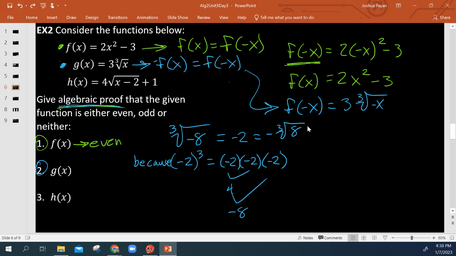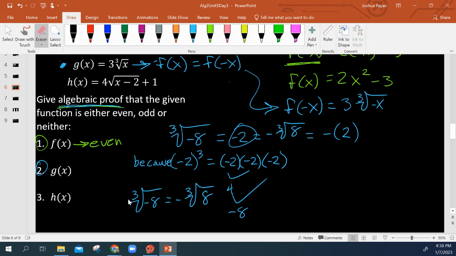Yes? So we know that the cube root of positive 8, well, that would be 2. And then we've got this negative sitting outside here. So we know that that's going to give us the exact same answer. So that means cube root of negative 8 and negative cube root of positive 8 are precisely the same thing. Okay?